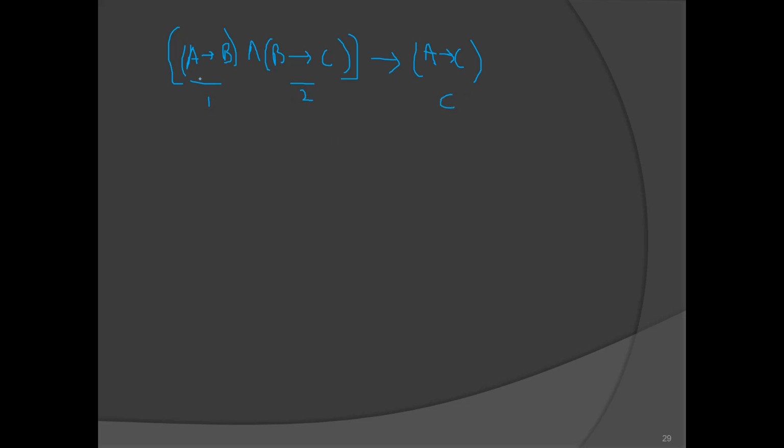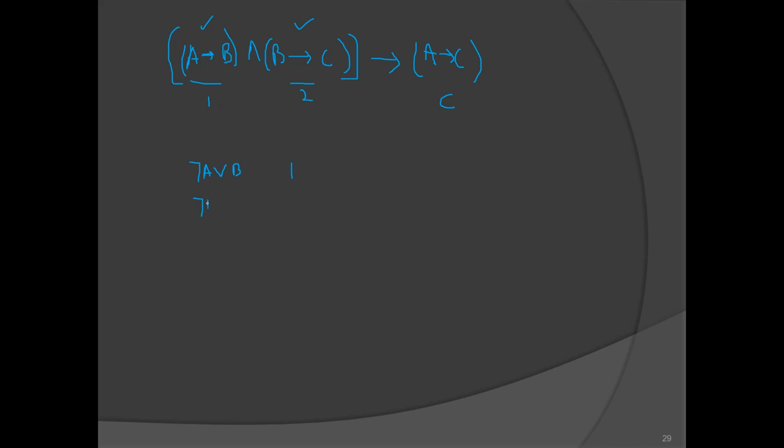Now the first step in the resolution algorithm is that you have to simplify the premises, right? You have to convert them into CNF form. So now the first premise will become like this, right? This is the implication elimination rule. This is my fact number 1.